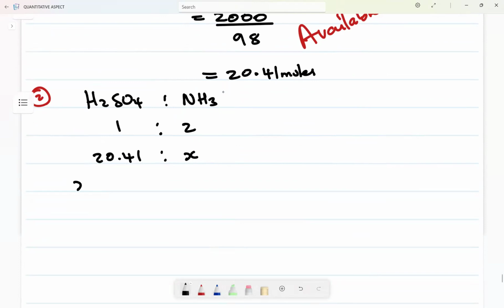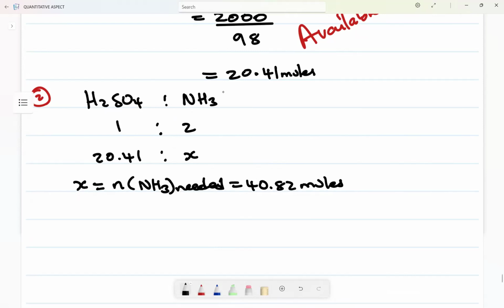So I'm going to say X, the number of moles of NH3 needed, is equal to 20.41 multiplied by 2, which is 40.82 moles. Then I check, does NH3 have enough to cover what is needed?